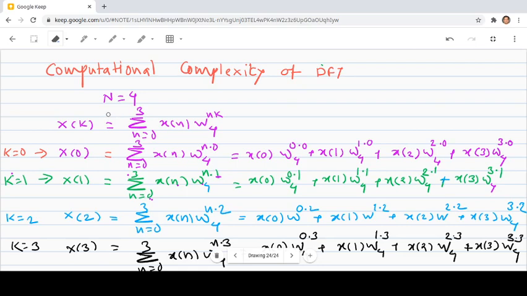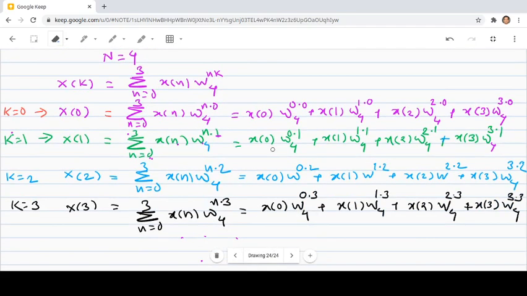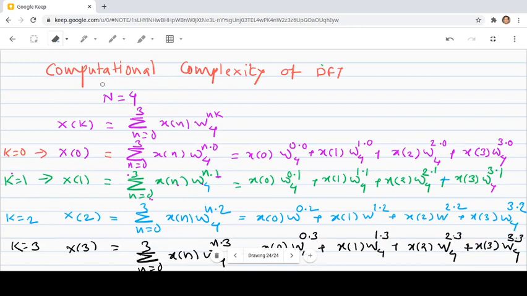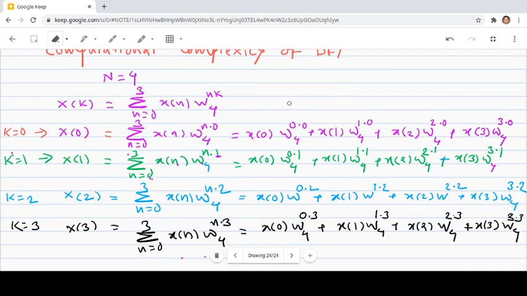And at the end, we will conclude that finding DFT coefficients requires so many additions and so many complex multiplications, and hence it is not technically feasible to evaluate DFT coefficients. So please concentrate for a few more minutes.